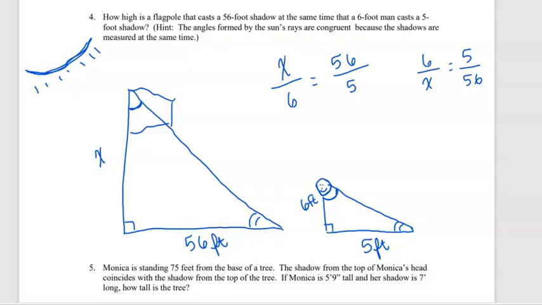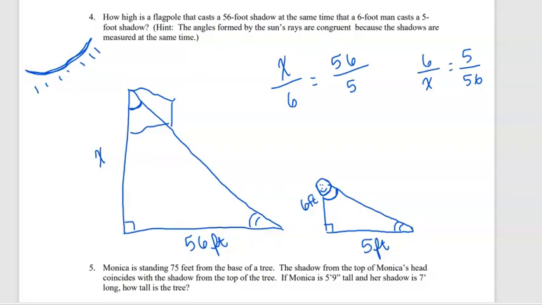In that problem, I went smaller to bigger instead of bigger to smaller. You can also do x over 56 equals 6 over 5, or even 56 over x equals 5 over 6. You just have to make sure that the way you choose to set up your first ratio, you're consistent with that on your second ratio.